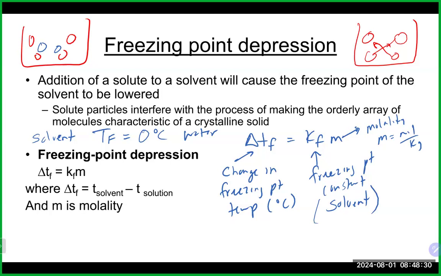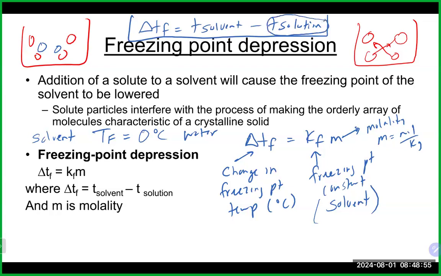When you think about the change in freezing point temperature in this case, you want to take the temperature of the pure solvent by itself, because it should be a higher value, minus the temperature of the solution. So this is really important because this is really where you will be able to figure out the temperature the solution actually freezes at by solving for this.